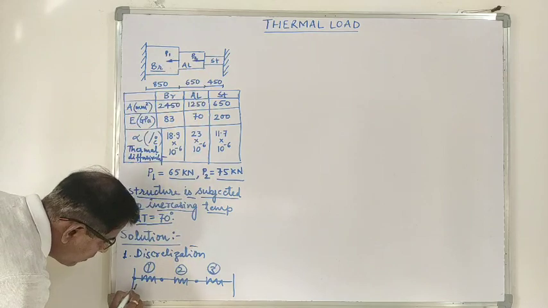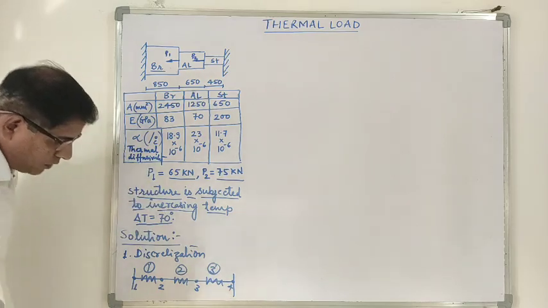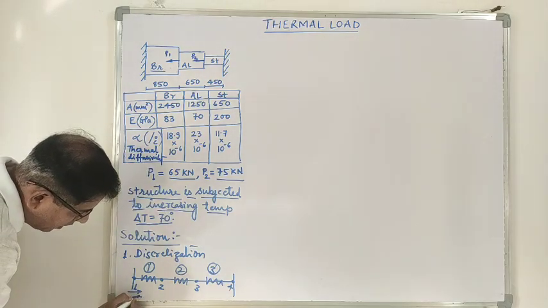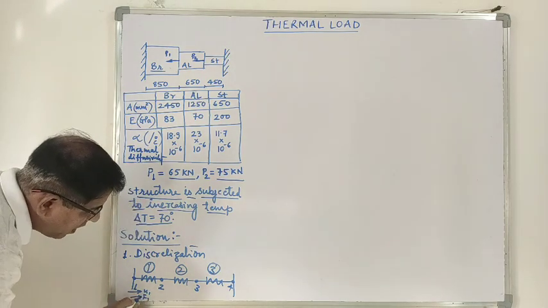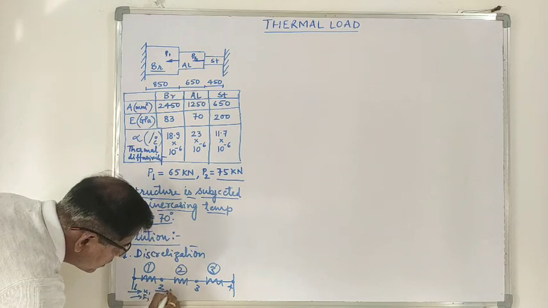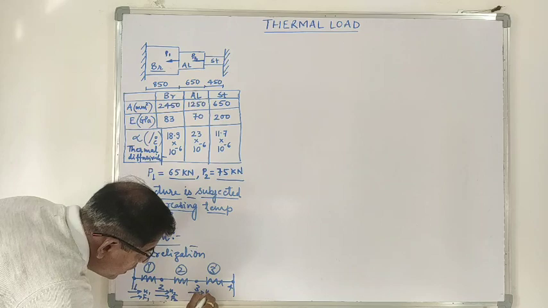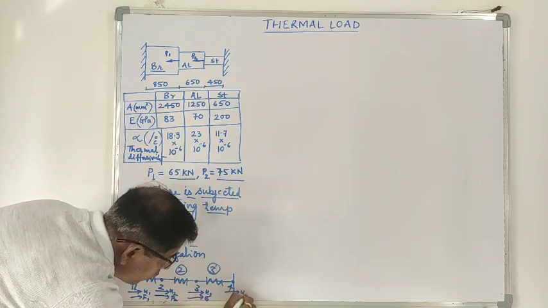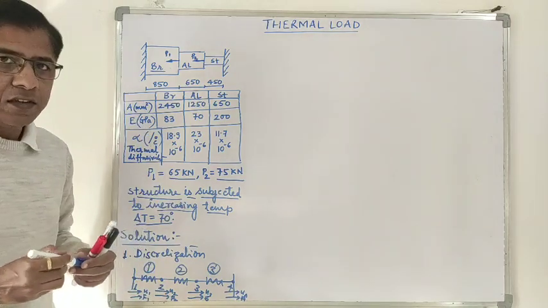The loads are load number 1, 2, 3 and 4. Similarly, U1, F1 are the displacement and force at node number 1, then U2, F2, U3, F3, and U4, F4. So this is the discretization.